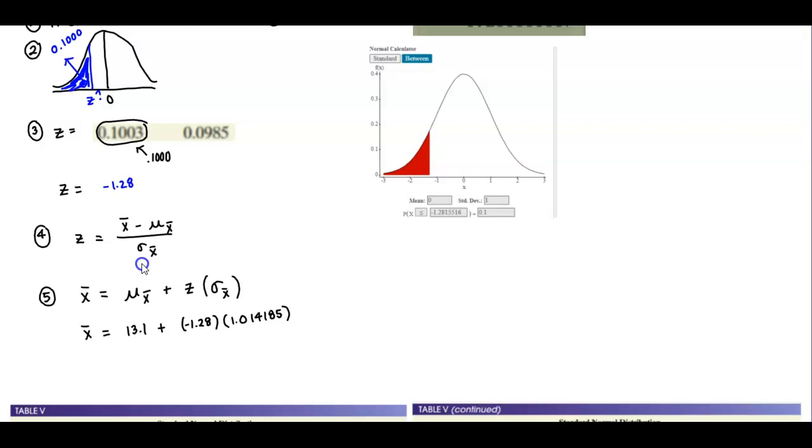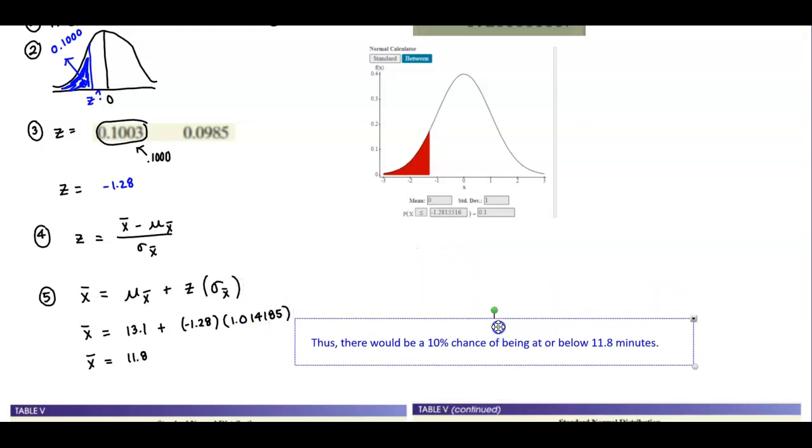If we round to 2 decimal places, we get 11.8. Now what does that mean? What that means is that there would be a 10% chance of being at or below 11.8 minutes.